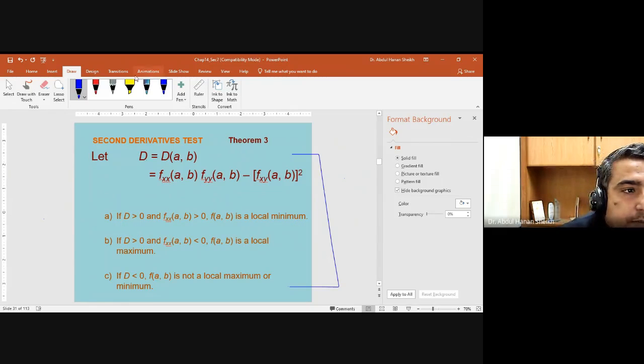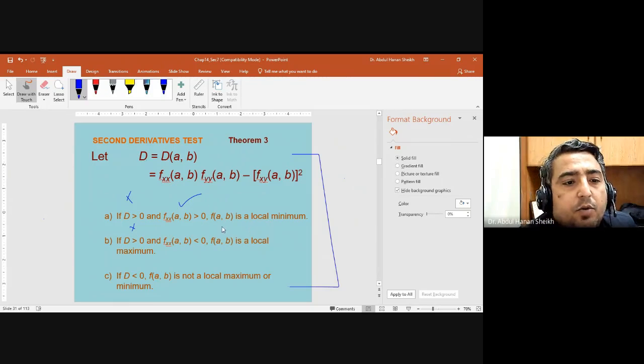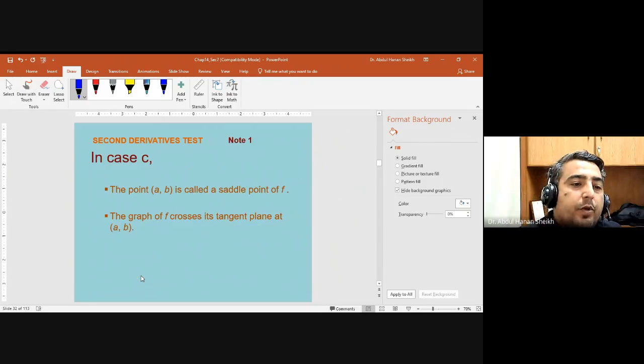Let me remind you again: keep this part dummy. If the second derivative is positive, it's a minimum, and if the second derivative is negative, it's a maximum. And if D is less than 0, we have no extremum point.